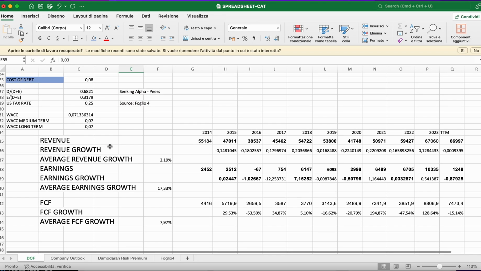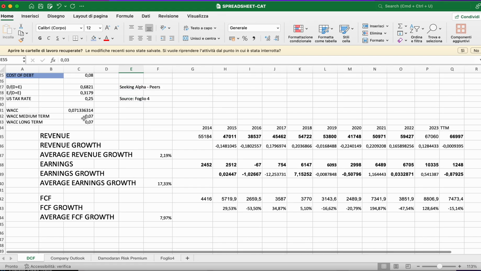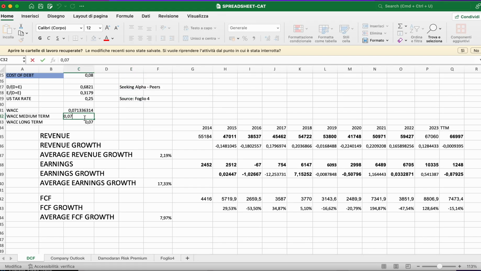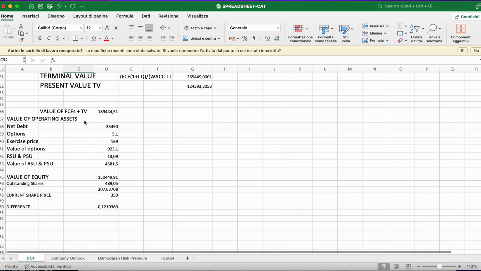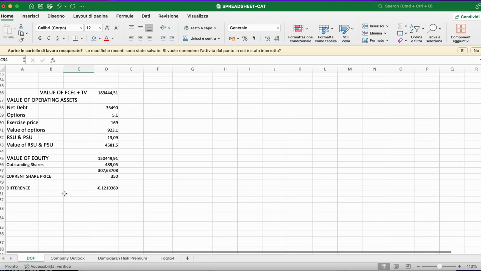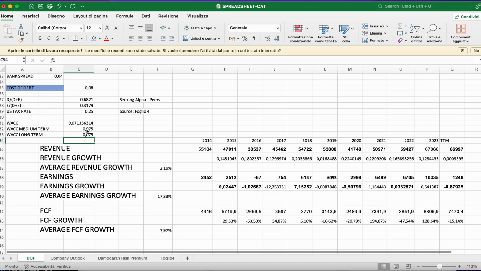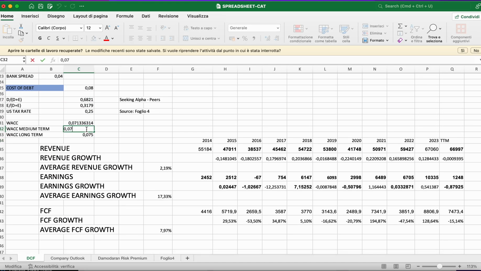Here's what happens if we say that it grows a little bit less and the cost of capital is slightly higher than what we expect. So yeah, this is what would happen. I don't think it's fair to say that the cost of capital would go up in the medium term, because it's pretty much expected to go down.